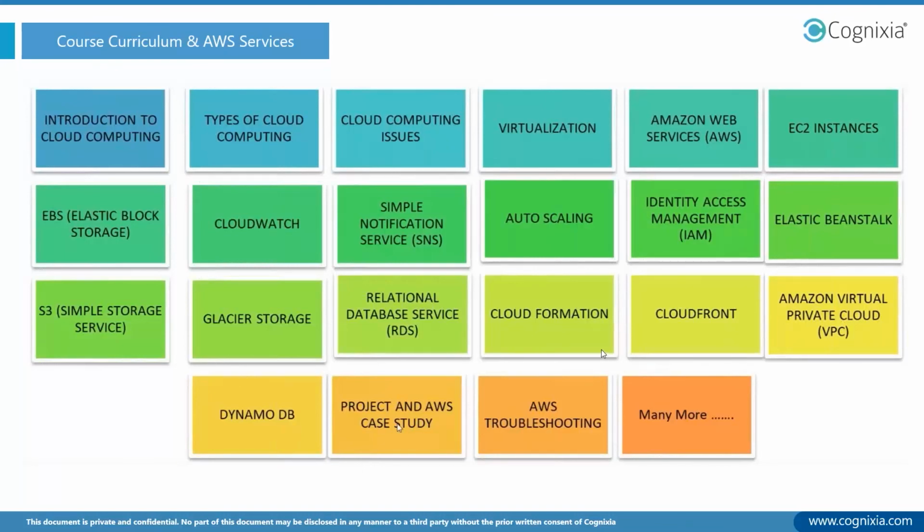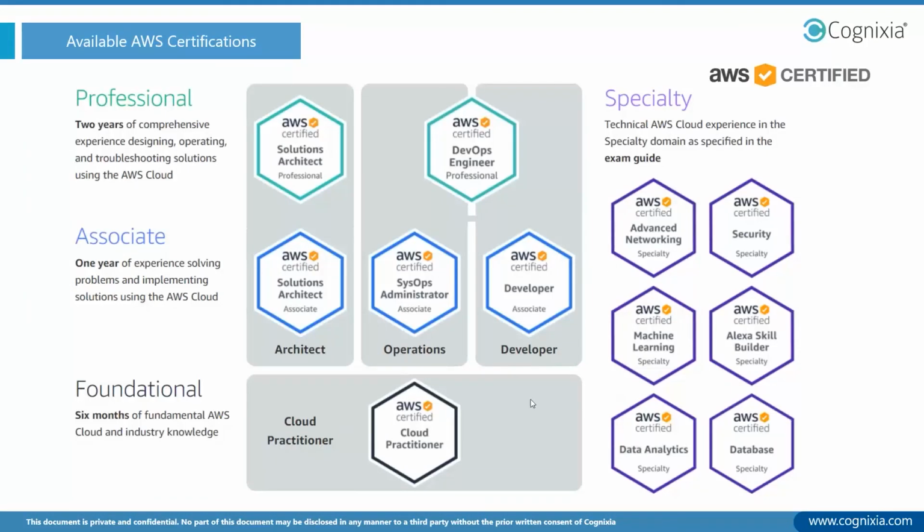Personally, I'm just feeling that, and these are some of the certifications we have. Basically we have three verticals if you're looking for certification. First is the architect, then operations and developers. And the most important thing of this course is that we are covering the Cloud Practitioner also.